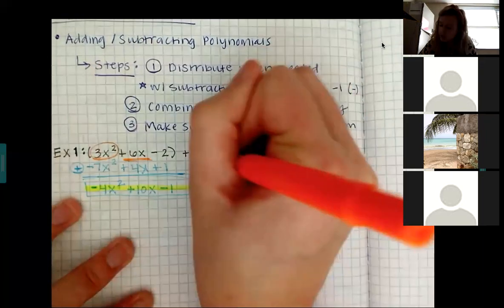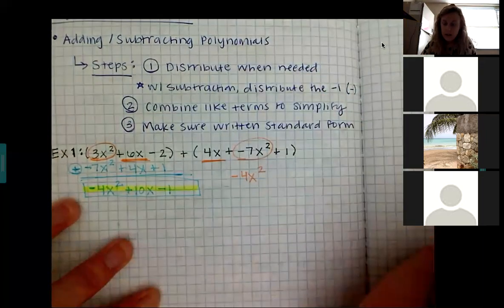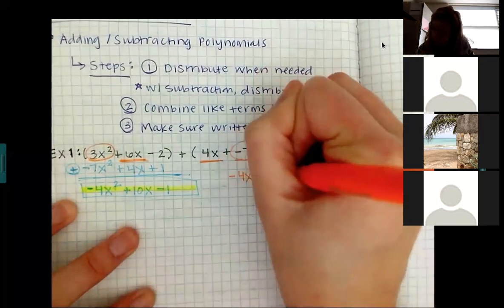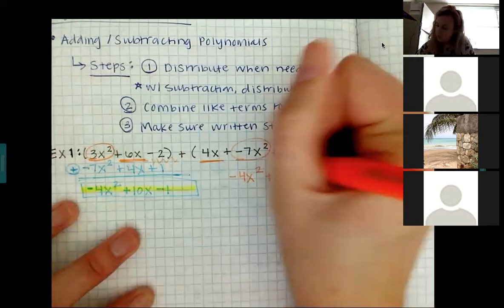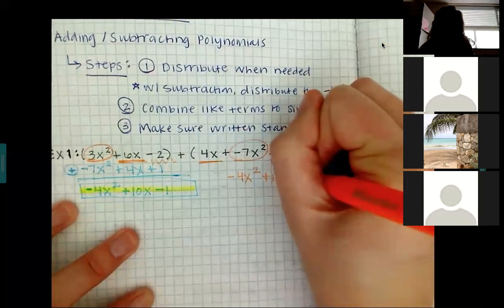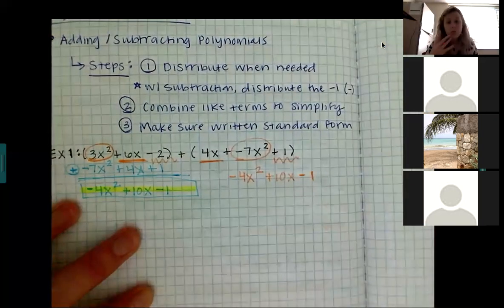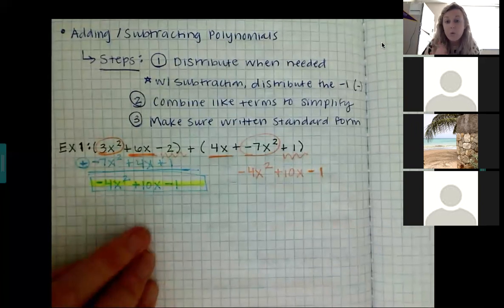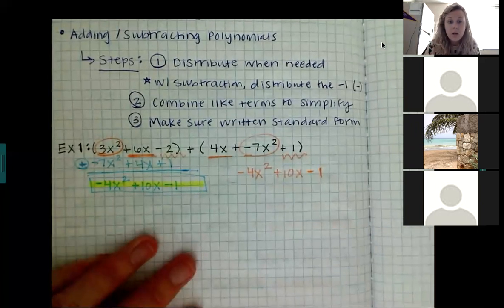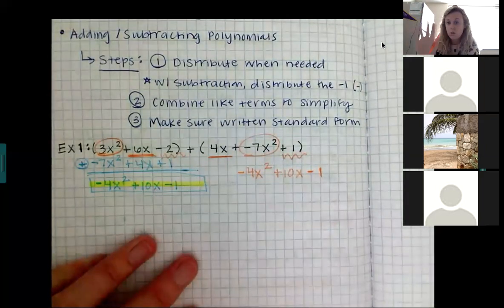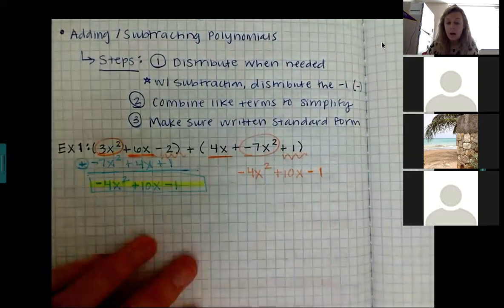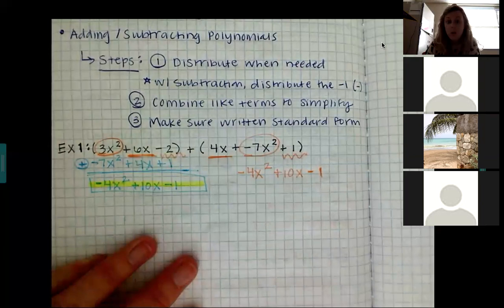So 6x is going with 4x, and that gives me 10x. And then I've got negative 2 plus 1, that should be negative 1. So there's 2 different ways you can do it. I don't care which way you do it. If you like circling the like terms, you can do that. If you want to line them up vertically, you can do that too.